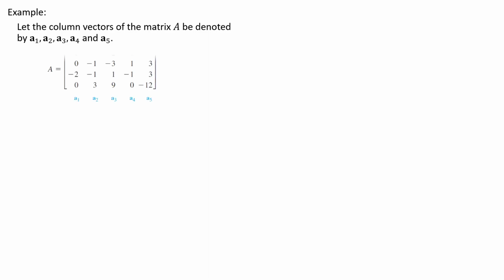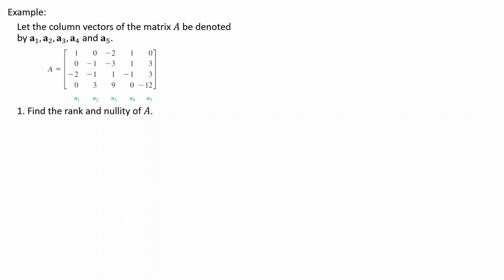Now let us consider this next example. Let the column vectors of the matrix A be denoted by A sub 1, A sub 2, A sub 3, A sub 4, and A sub 5. Let us first find the rank of A and nullity of A. Again, to find the rank of A, we will write A in row echelon form, and then we get the number of non-zero vectors of the row echelon form.